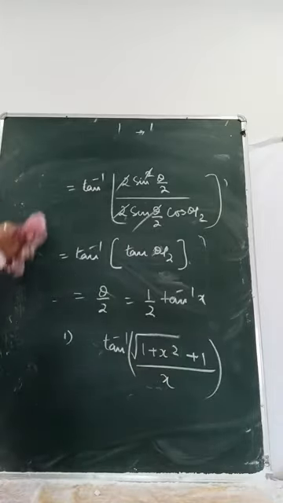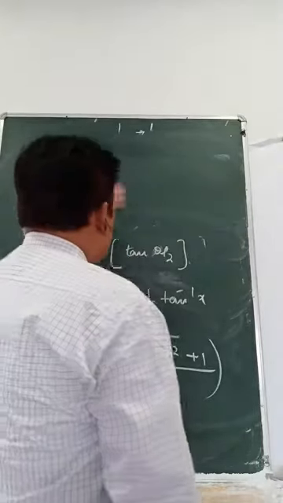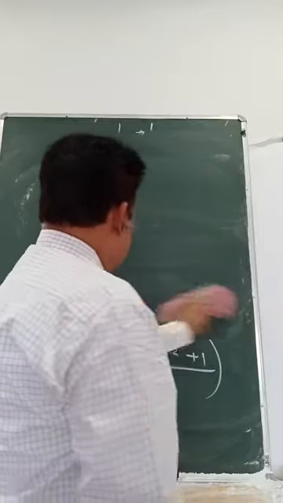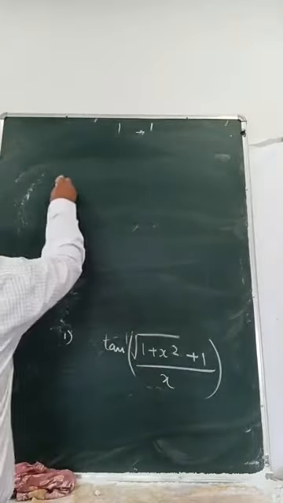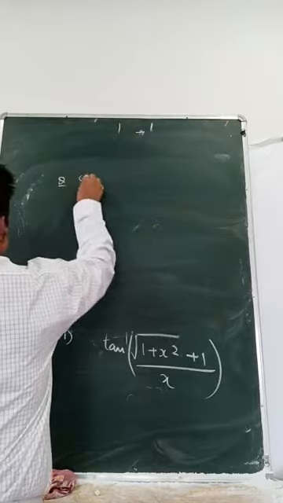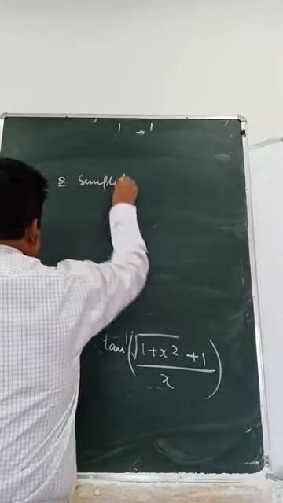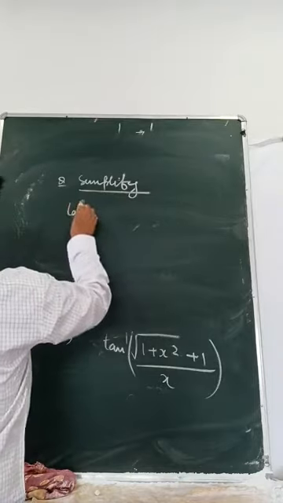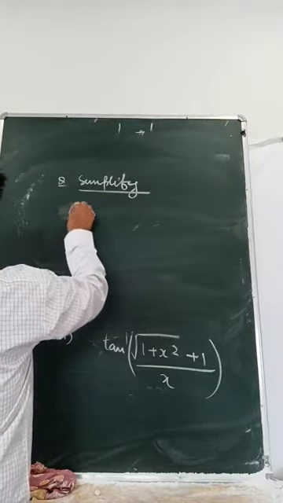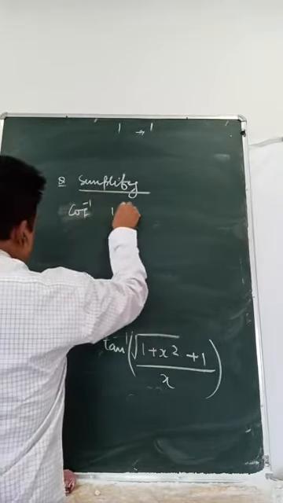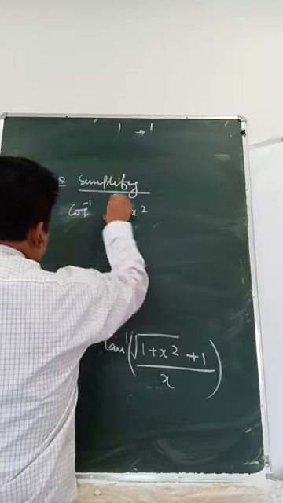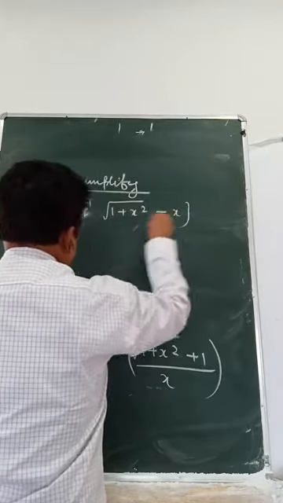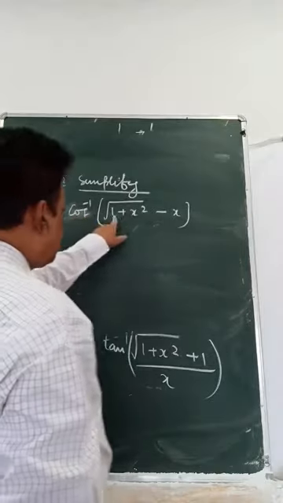Okay, let me take another pattern. Suppose I write cot inverse, suppose I will take now, cot inverse of root 1 plus x square minus x. Whether tan or cot, the clue is here.